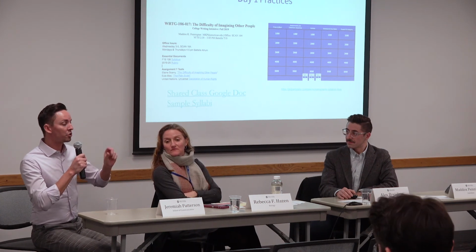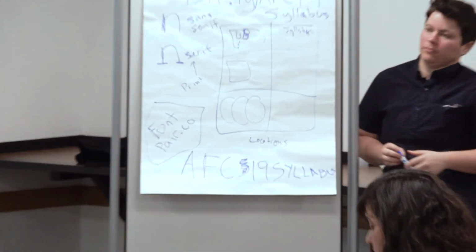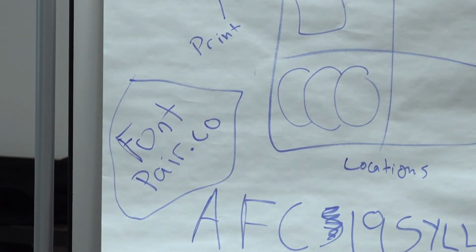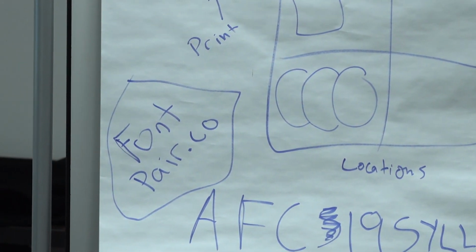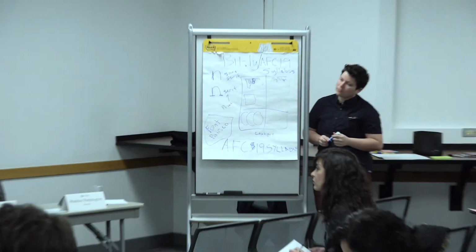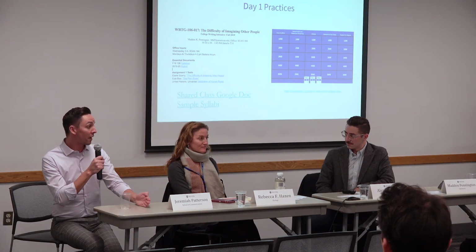One of my links is a website called fontpair.co, and it helps you pair two fonts together. It takes Google Fonts. If you didn't know, Google Fonts is a repository of hundreds of free open source web fonts that you can also download to use on your own computer. If you're a Times person and you want to break out from that but don't know where to go, try fontpair.co.